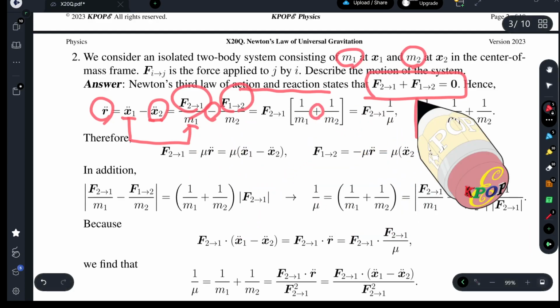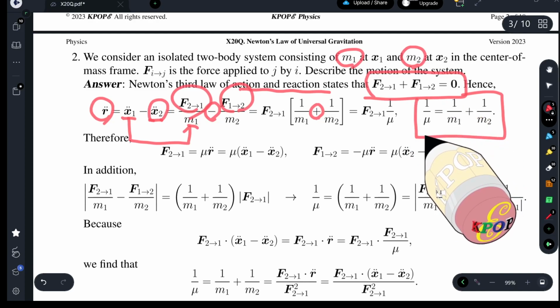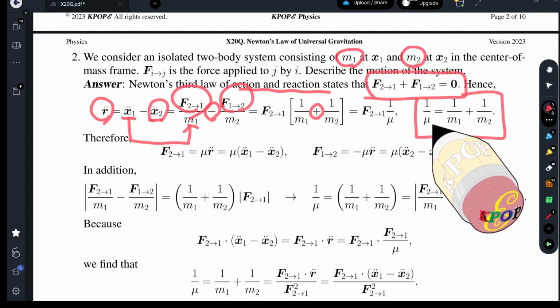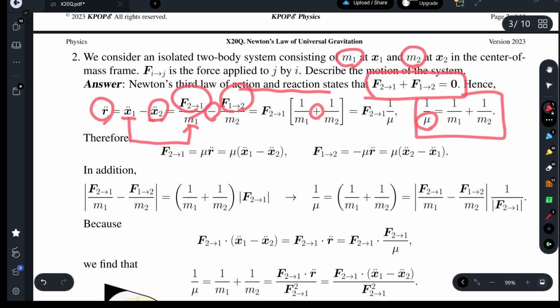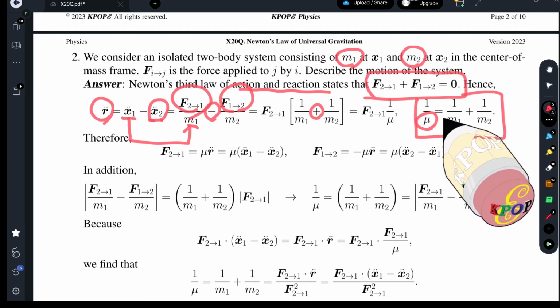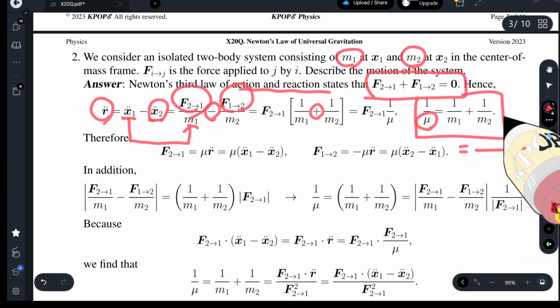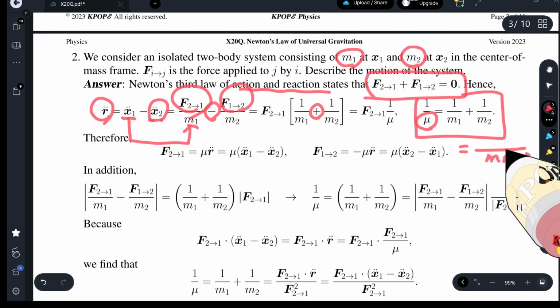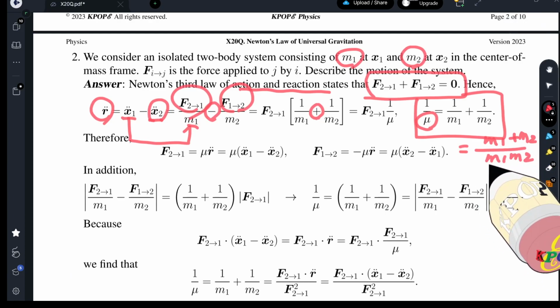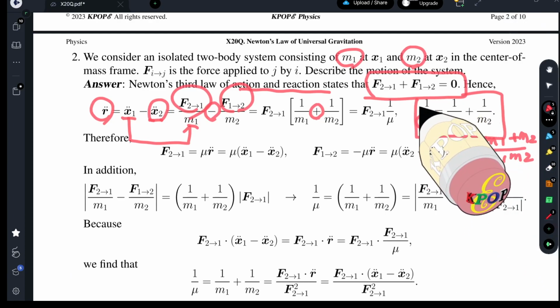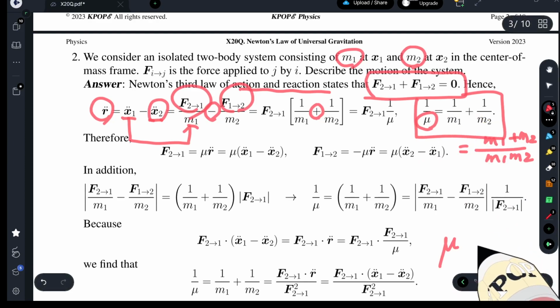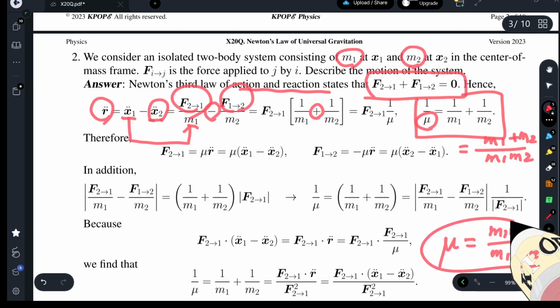We define this as the reciprocal of the reduced mass, called mu. If you combine these two terms into a single denominator, you will arrive at the sum in the numerator and the denominator containing the product. So if you flip the numerator and denominator, the reduced mass is expressed as the product divided by the sum of the two masses of the particles.